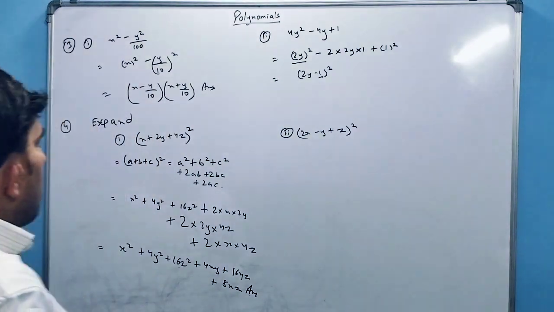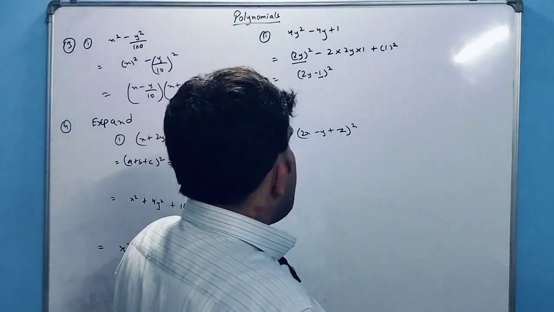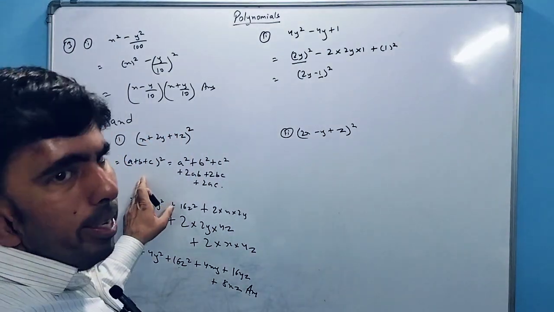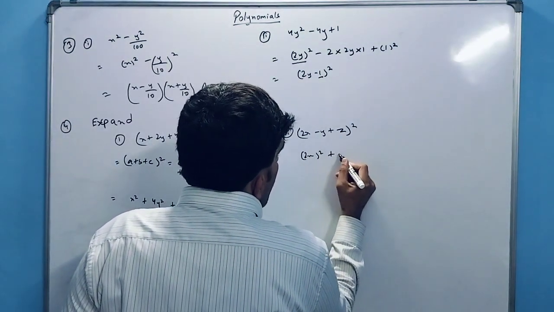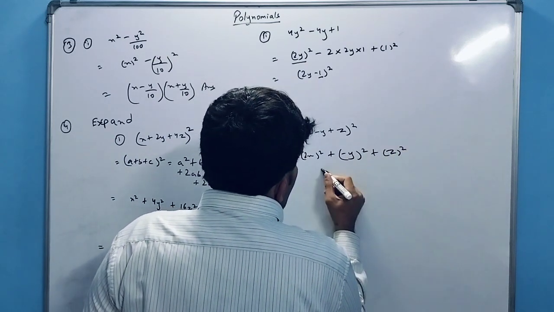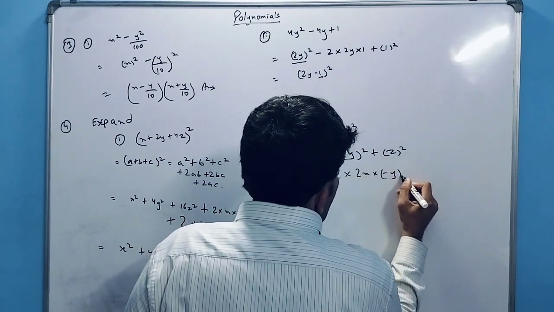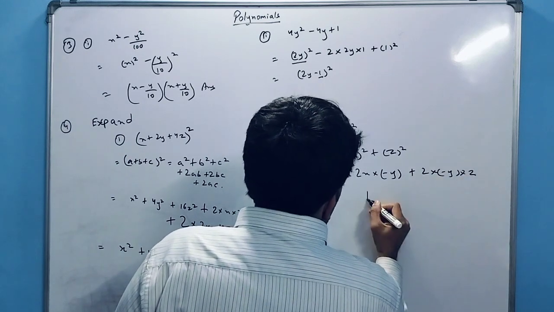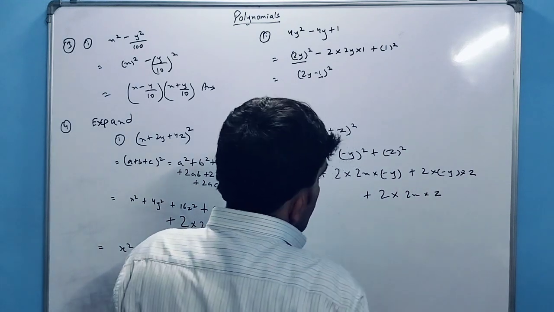Very simple. Now the next one they have given is (2x minus y plus z) whole square. So the same identity I am using here: a square plus b square plus c square plus 2 into a into b plus 2 into b into c plus 2 into a into c.